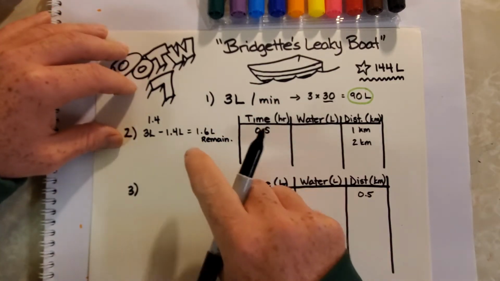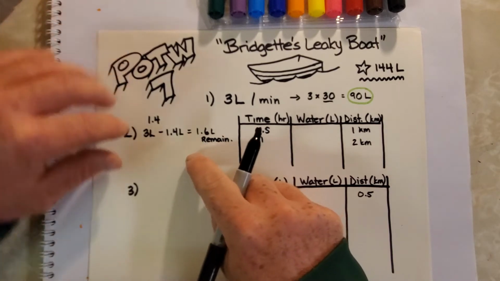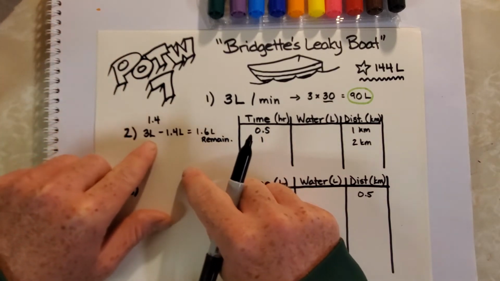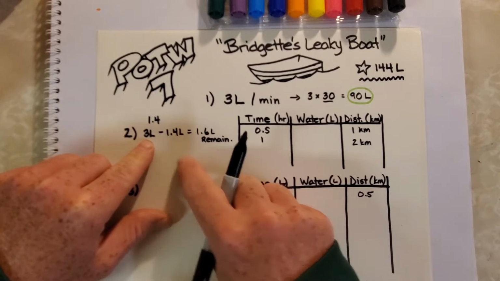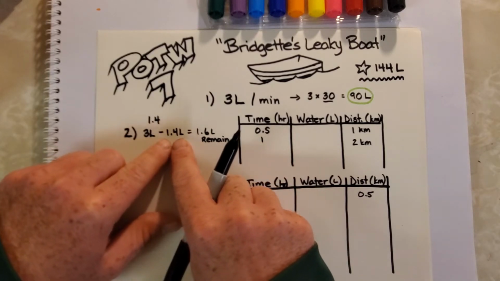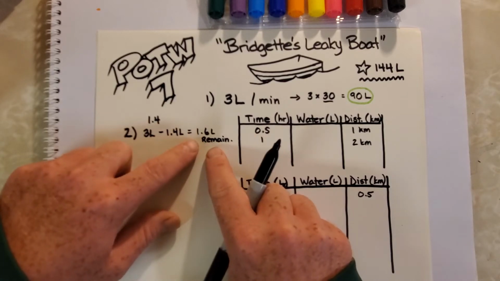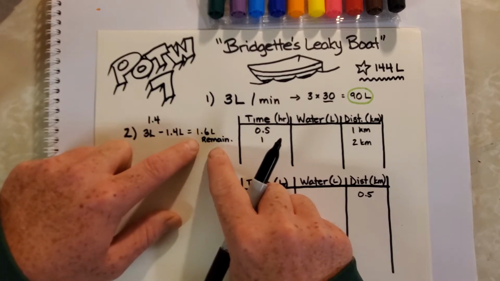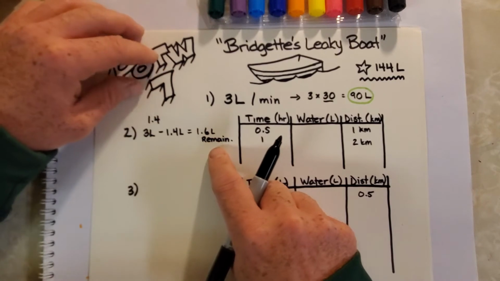So again, in 1 minute, 3 liters leak into the boat. Bridget scoops out 1.4 liters each minute, which leaves 1.6 liters still in the boat after that 1 minute.